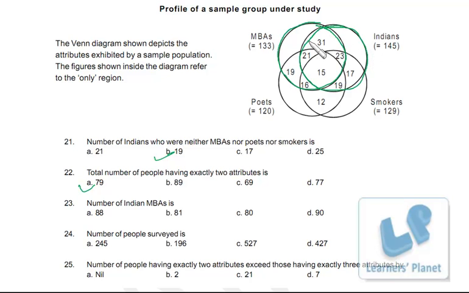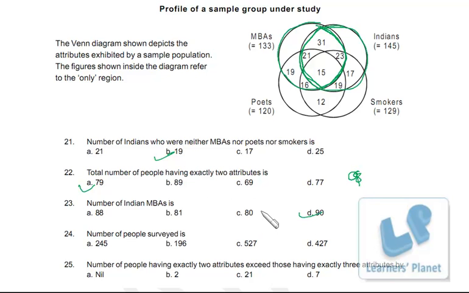So you can very well see this area is shared between Indian and MBA. Okay, so further this 3, 4, 5, 6, 7, 8, 3 and 5, 8 and 1, 9, so it's 90.